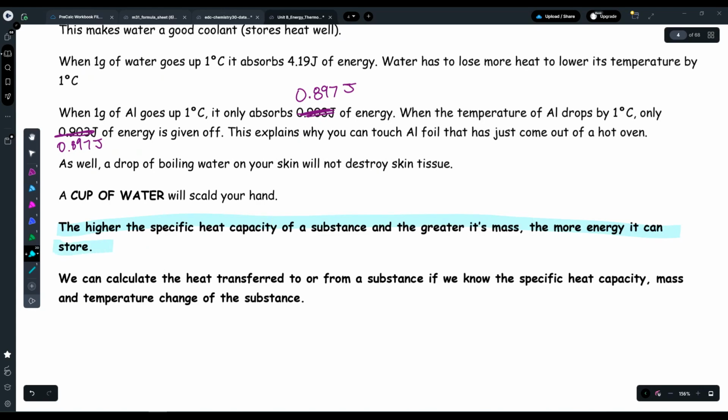So we're going to be calculating the heat transferred to or from a substance if we know the specific heat capacity, mass, and temperature change of the substance. So those are the 3 things that we need to know in order to be able to calculate heat transfer.